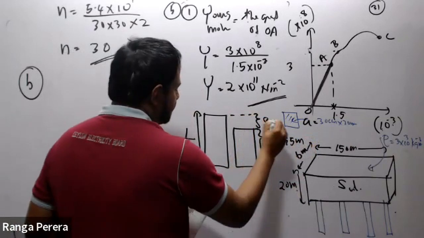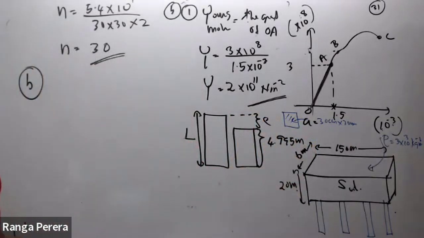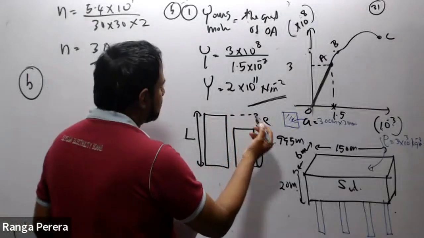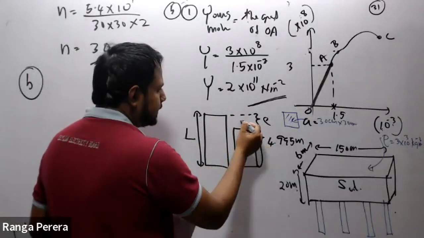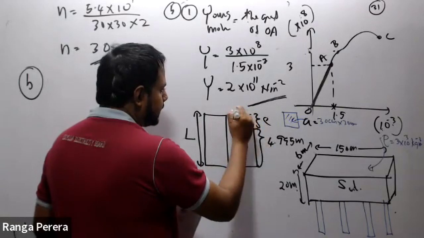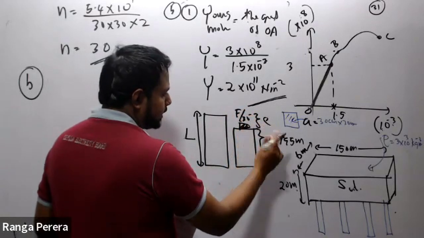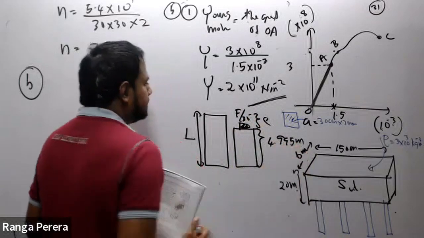This is the compressed amount. We can calculate that weight using F divided by A.